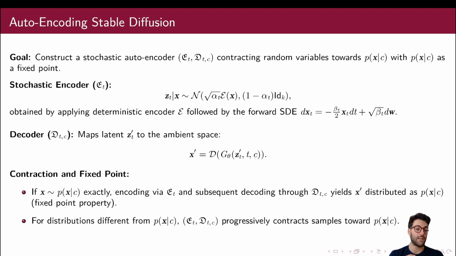This means that the whole prior distribution, not the sample, is a fixed point of this contraction function. For different distributions, the stochastic autoencoder progressively contracts samples toward the prior. So if we get a different distribution in input, we slowly converge toward the prior.